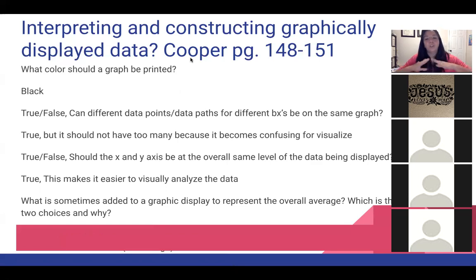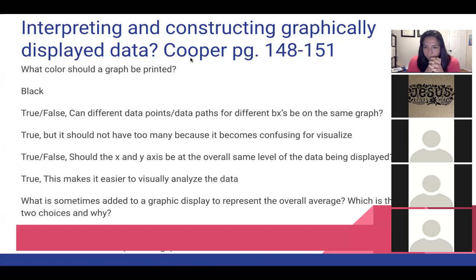If we're doing a line graph and we have different data points, how do we figure out a trend?